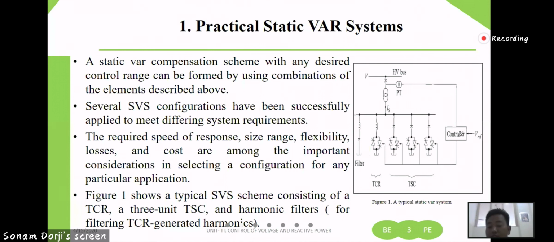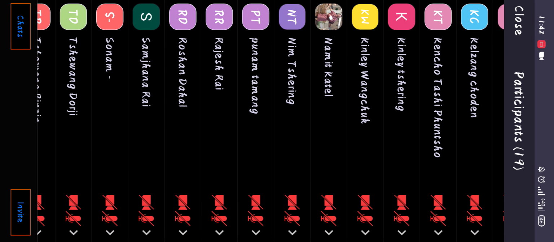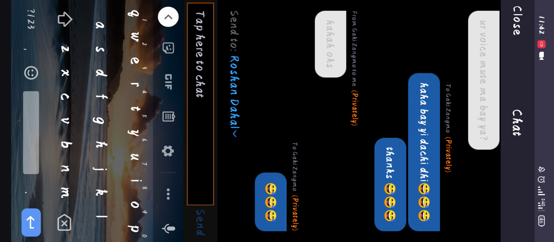Now I am explaining using this controller. If you read it yourself, you will get it. Based on this controller, the bus voltage is compared with a reference voltage.